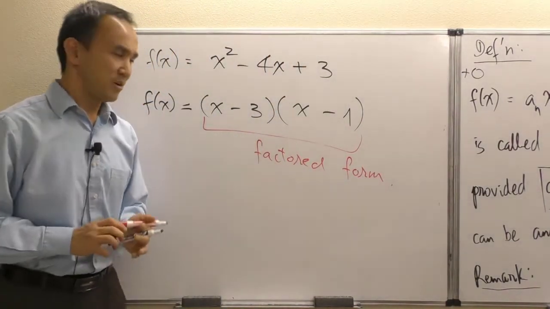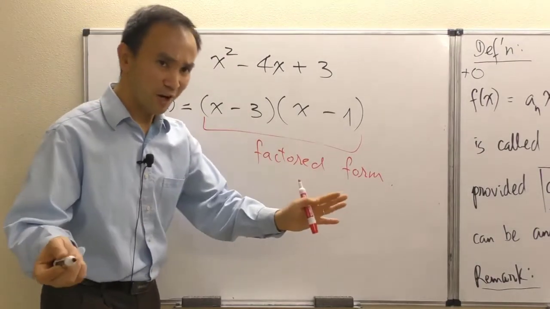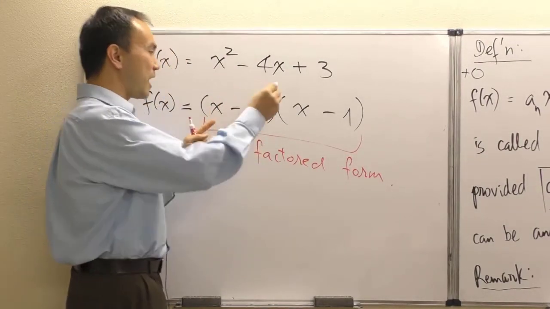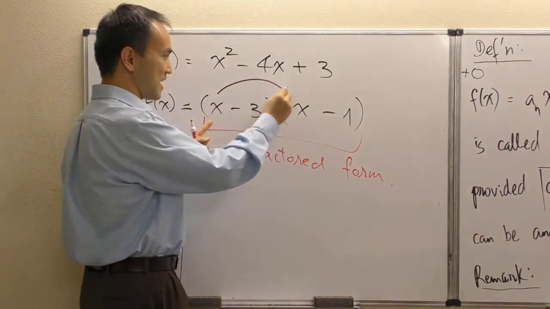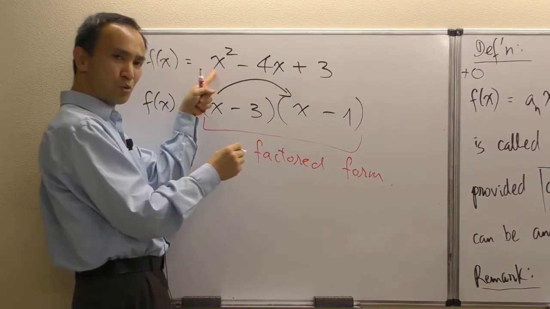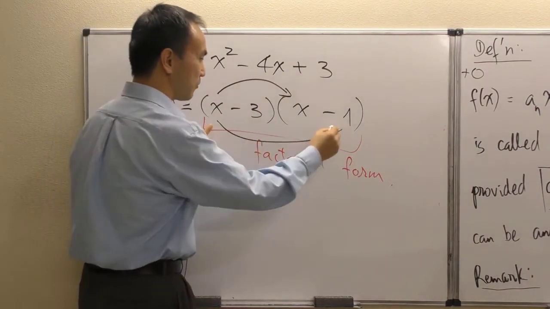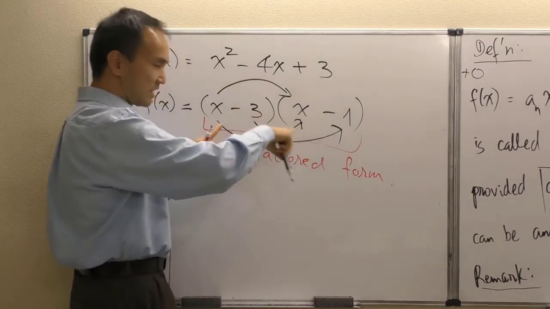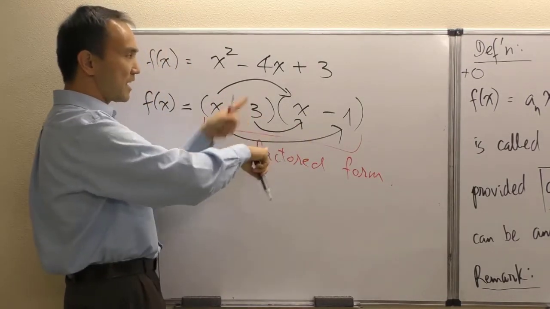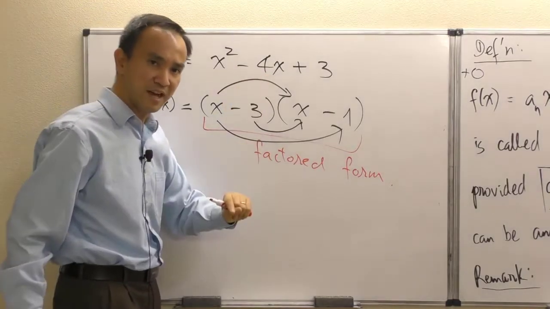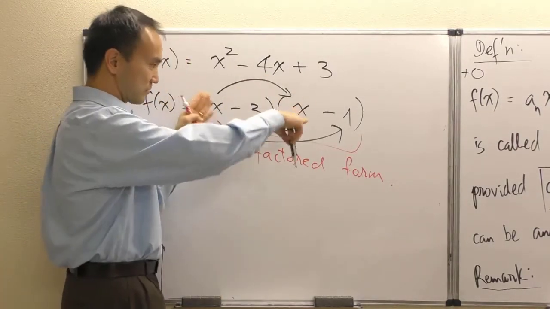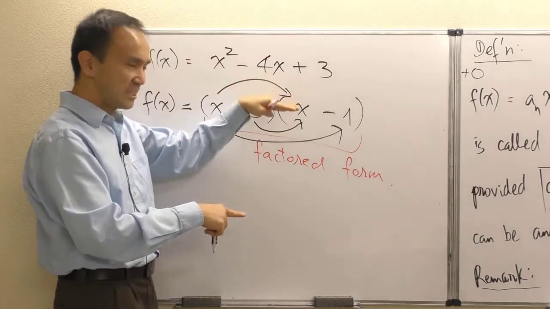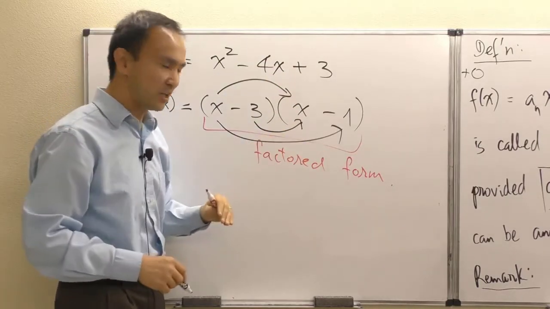Okay, and so if we apply the foiling work, x times x gives us the x squared term, x times -1, and then -3 times x right here. These two will combine like terms and give us that middle term being -4. So I'm just trying to point out that these two are exactly the same polynomials.